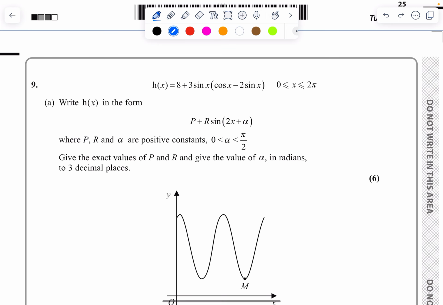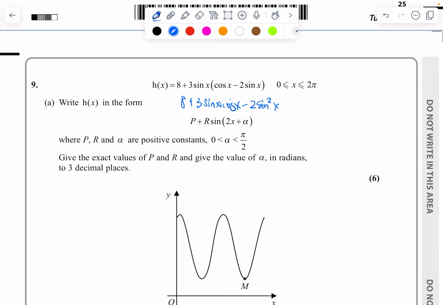Transform this into this. Okay. So x plus 8 plus, let's just expand this.